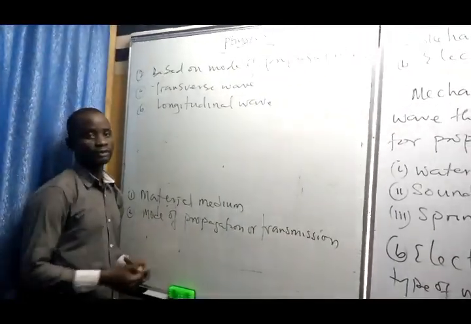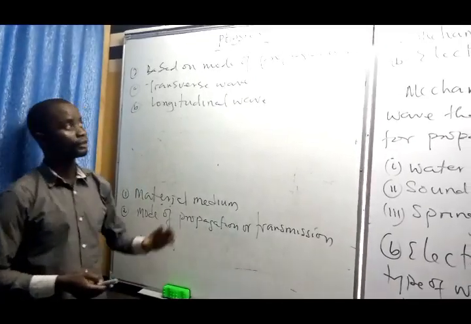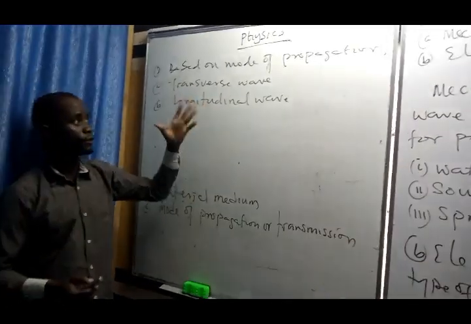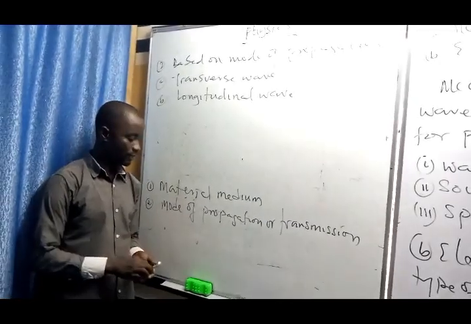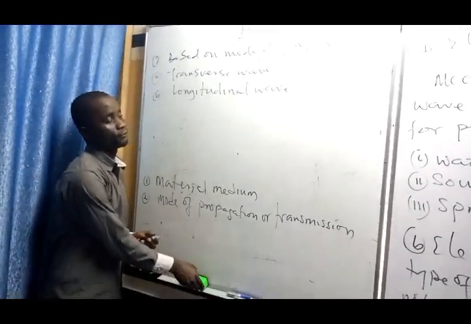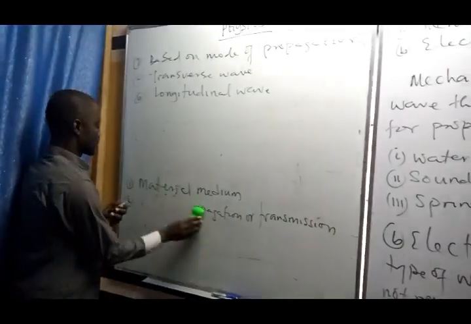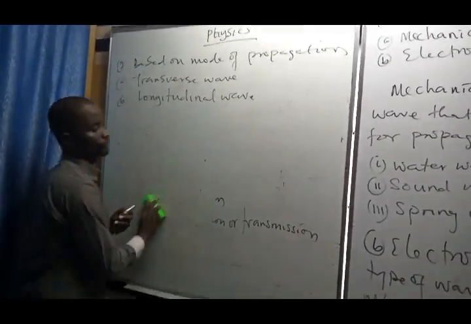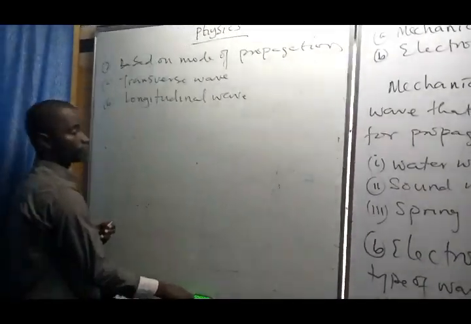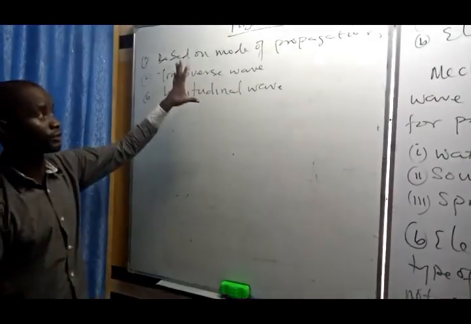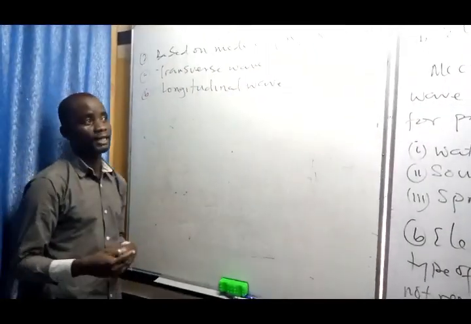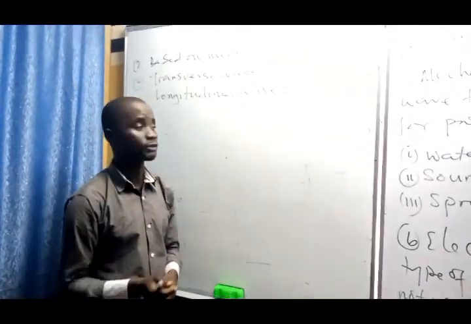Transverse wave is the type of wave in which the direction of wave vibration is perpendicular to the direction of wave transmission.